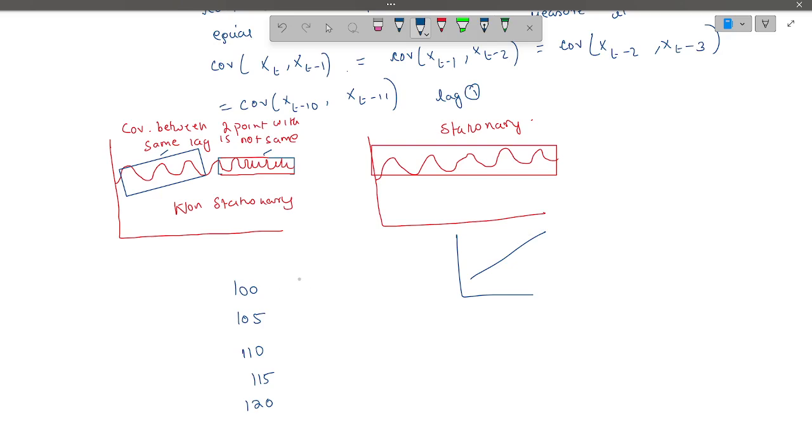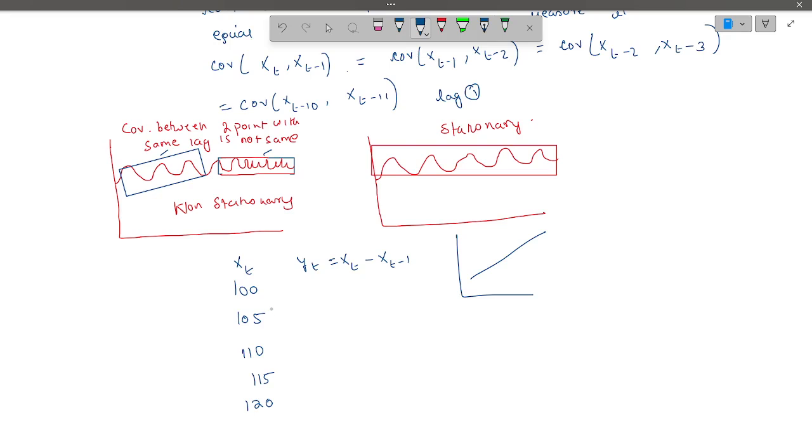Now we create another series from this series. So let's name this series xt. We create a series yt from this series, and yt equals xt minus xt minus 1. हाँ, Pulkit? वही कह रहा था सर, डिफरेंस ले लेंगे. So what we do is first differencing.